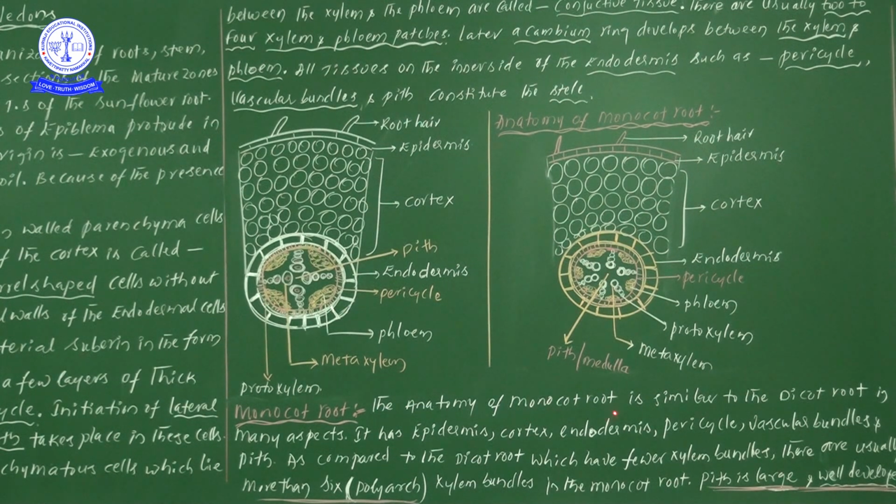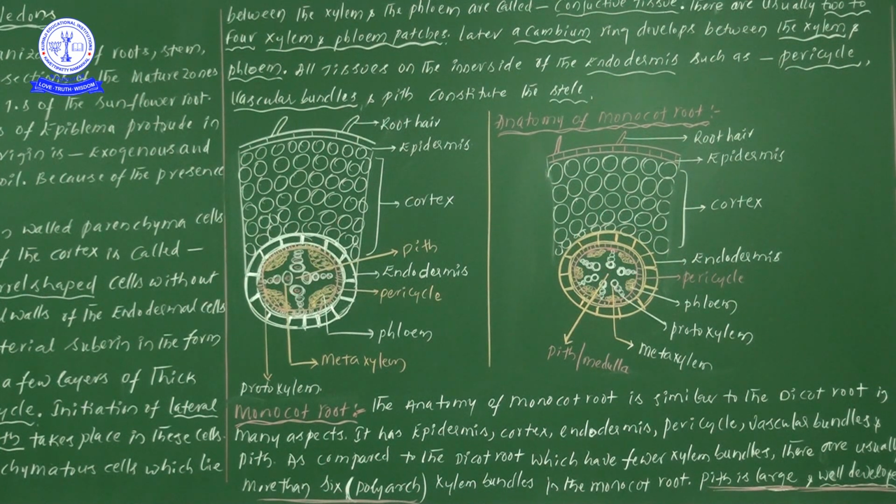In the first point, we have discussed that in the monocot root anatomy and dicot root anatomy most points are similar, but there are two important differences. Looking at the diagram, here 4 xylem members are there, so the xylem arrangement is called tetrarch condition. But in the monocot root, more than 6 are there, and such a vascular bundle arrangement we call polyarch condition.